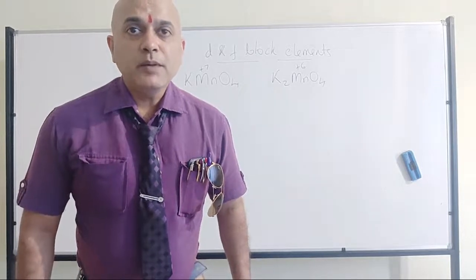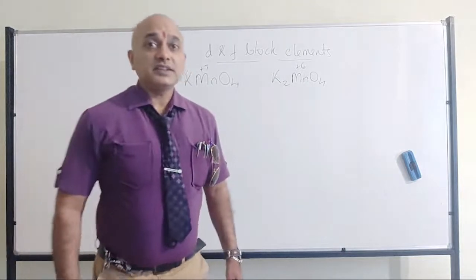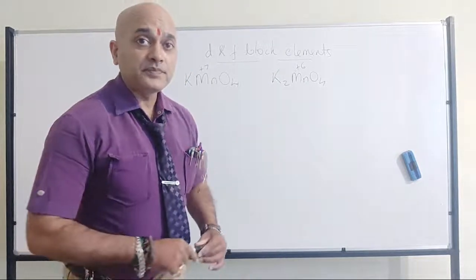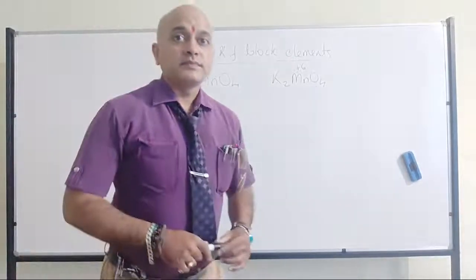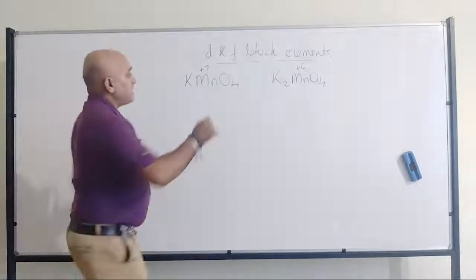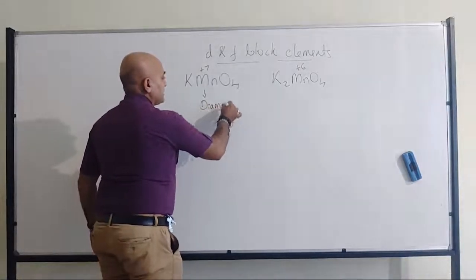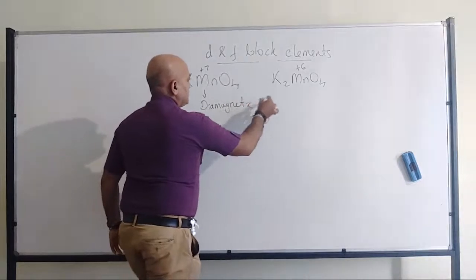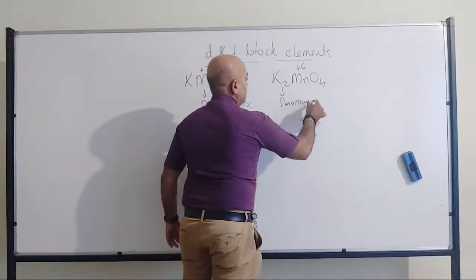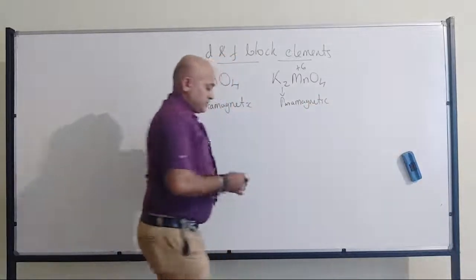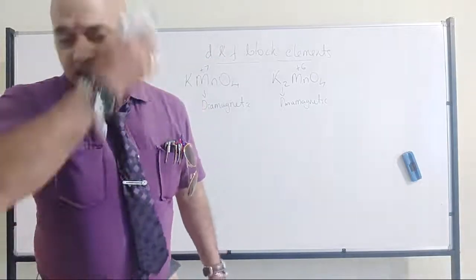Mayank has already given the answer. It should be permanganate, right? It should be diamagnetic. And this one is actually paramagnetic in nature. So manganate is actually paramagnetic in nature.